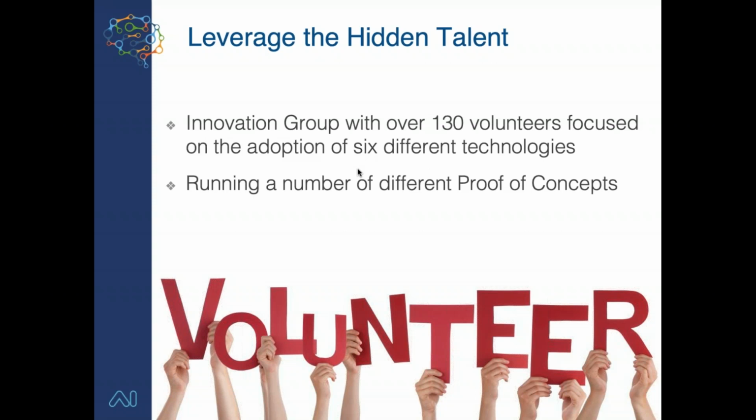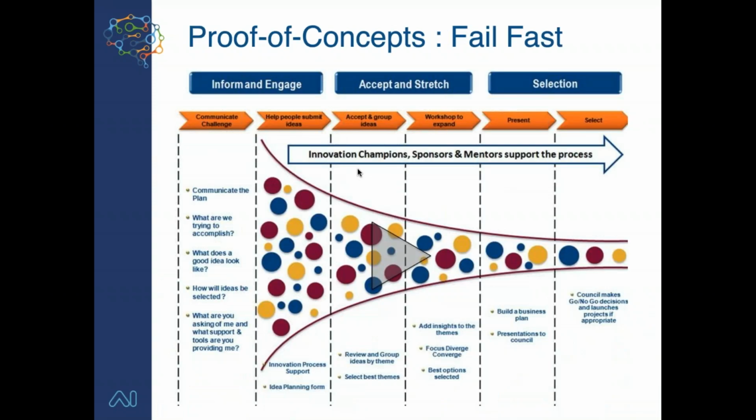This is how you might use blockchain or other technologies, and it really helped the engagement with the business, but it showed our capability in the innovation space as well. So that's really key, to find the hidden talent.